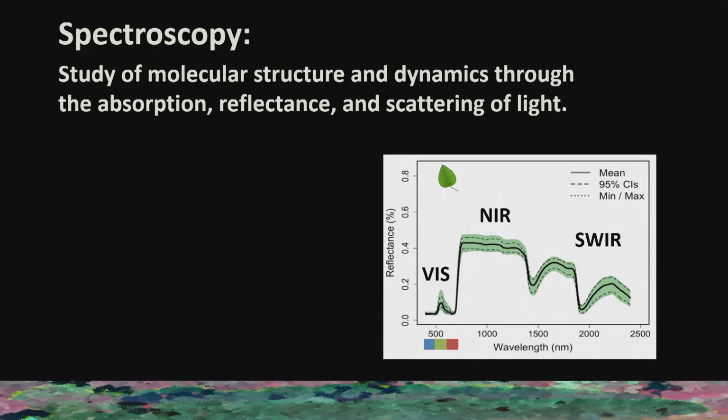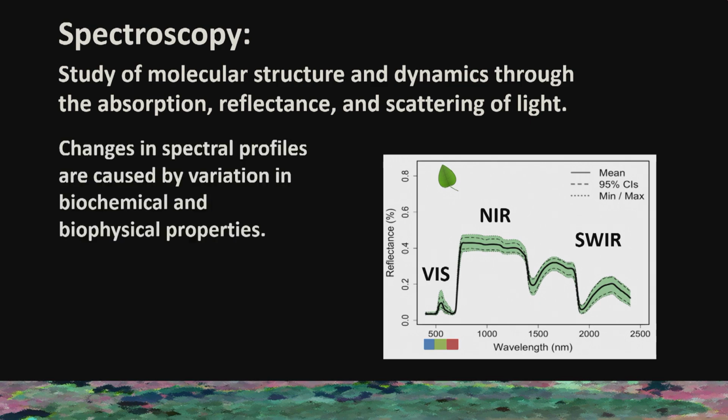And this is what I always have a green leaf on this one, because it tells me what a pretty general green leaf reflectance profile looks like. And what we can see is that changes in spectral profiles are typically related with either genetic variation, changes in chemical composition, changes in physiological processes, and they can give us an idea of how plants are responding to certain environments.